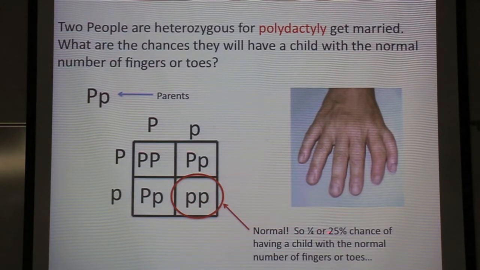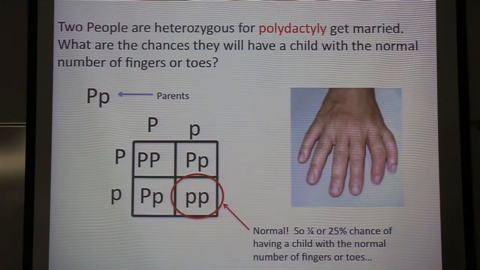So it's a 1/4, or 25%, chance of having a child with the normal number of fingers and toes. Most people have the correct number of fingers and toes; in other words, most of us are born with 5 fingers on each hand and 5 toes on each foot.